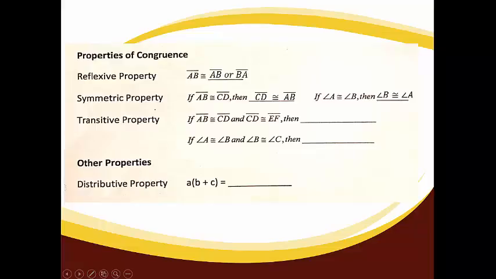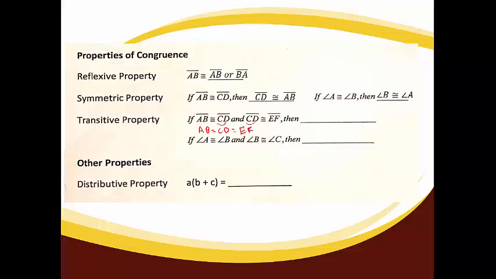So we'll apply the transitive property here. It says AB and CD are the same length. Segments CD and EF are the same length. So I see that segment CD is congruent to two different things. So I can write out the sentence AB equals CD equals EF.